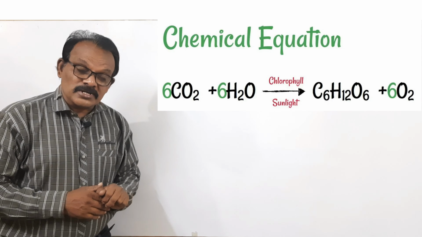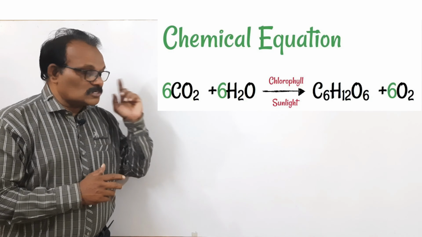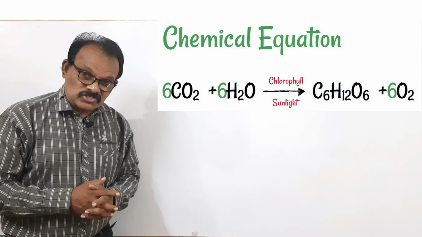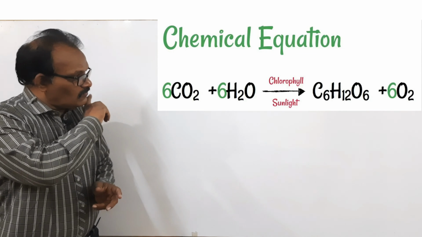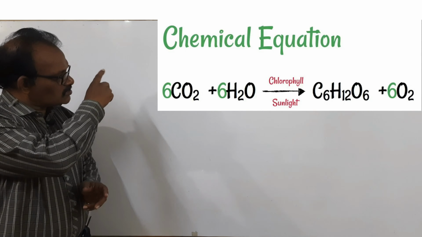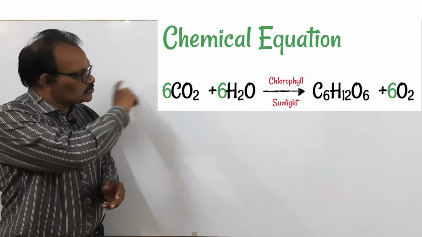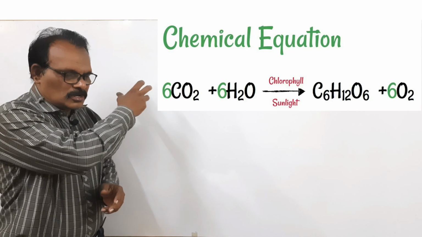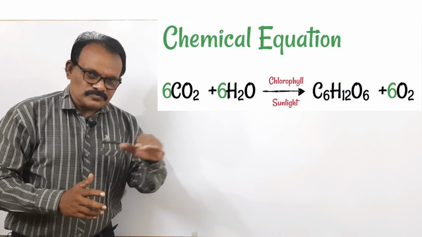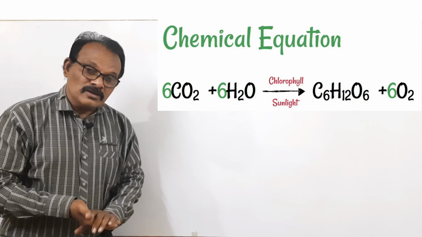C6H12O6 is the product of photosynthesis, that is glucose, and a very important part, that is oxygen. For balancing this, we add 6 there and also 6 there, so that both sides are the same, as per the law of conservation of mass.